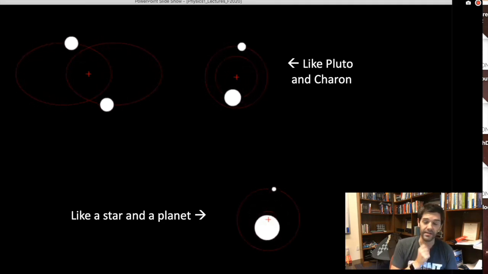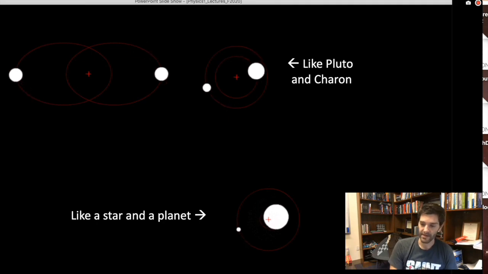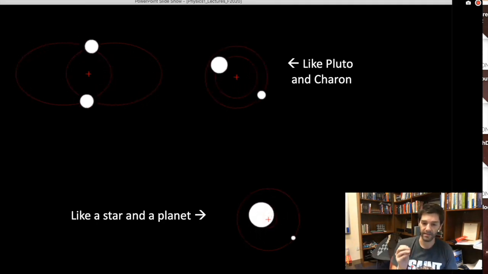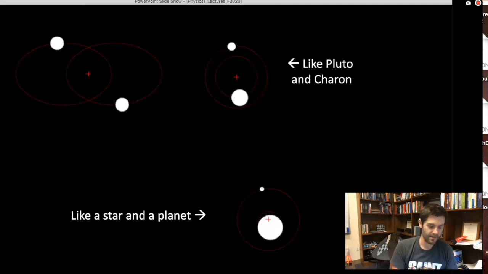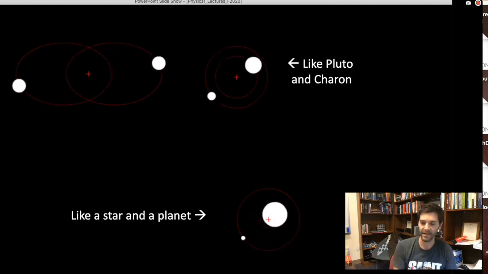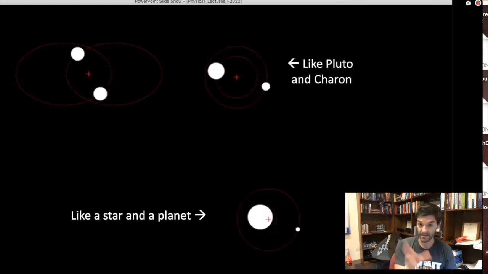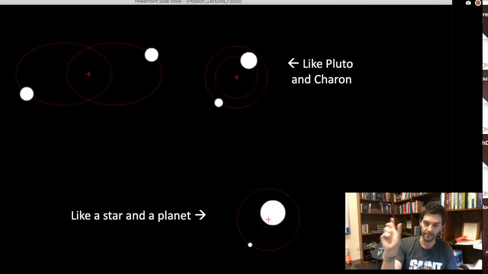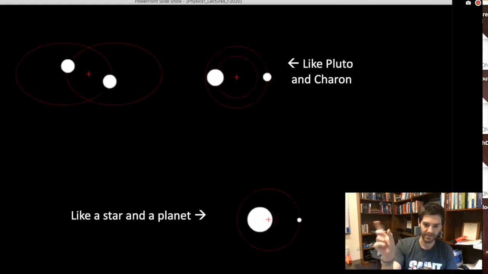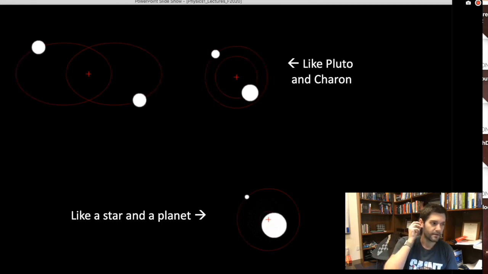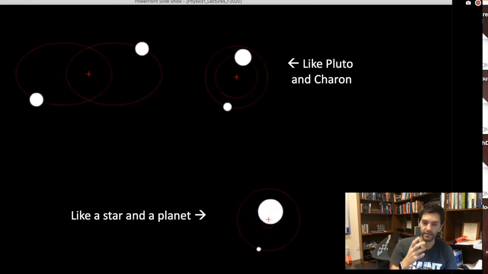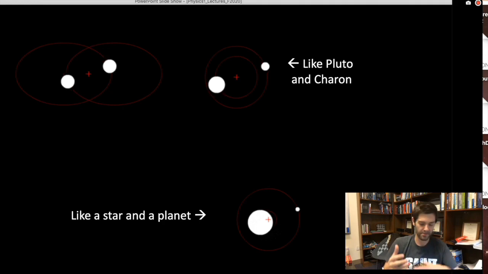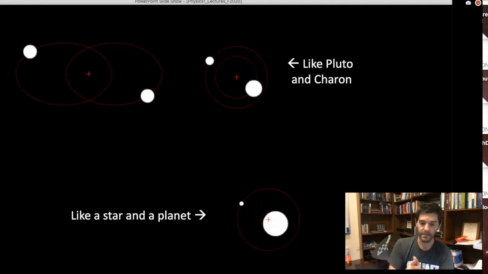This was actually, in the 90s, one of the only ways we had to find planets outside of our solar system. The way we discovered the first planets outside of the solar system is that astronomers would look at distant stars and notice by their light that the stars were wobbling. And therefore they inferred, well, stars don't just wobble because.